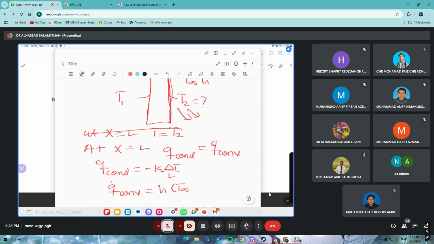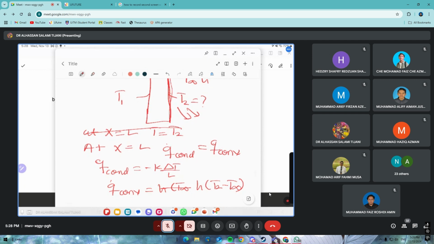Okay, and there's a mistake here. It should be h into bracket T2 minus T infinity, like this. Okay, so we are going to equate these two equations together.